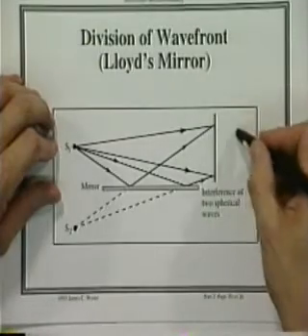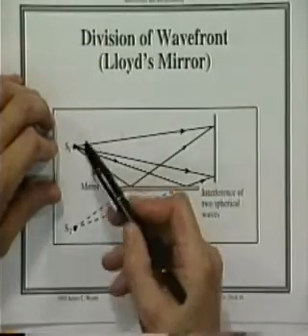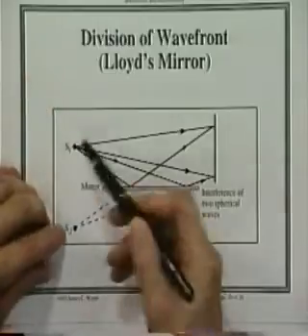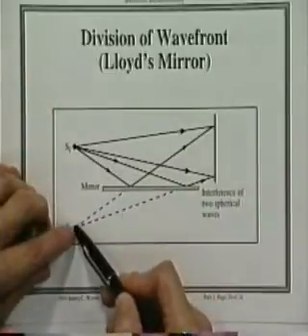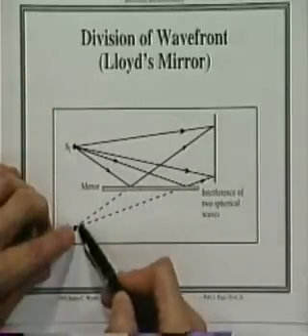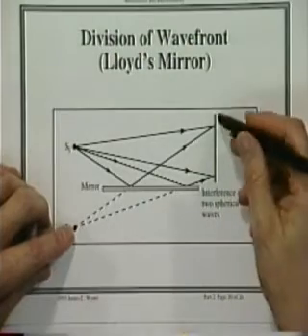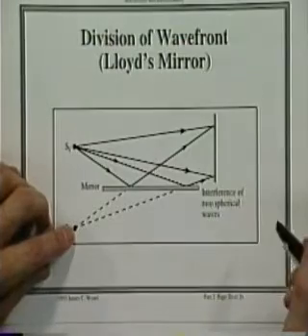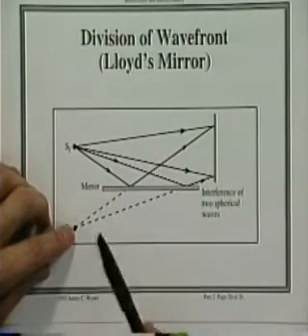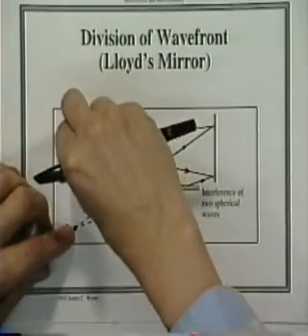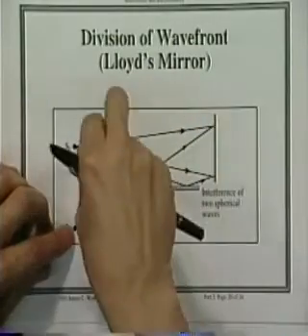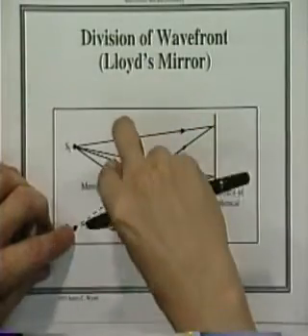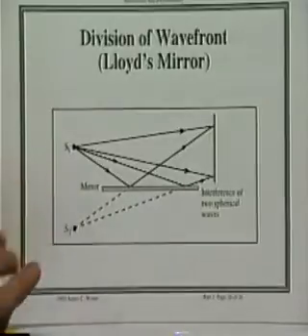If I were to put my eye here and look back, I see a point source there, and I see another point source down here, light that's reflected off the mirror. So it looks like I have interference of two spherical waves here. Again, this is division of wavefront. Part of the wavefront comes straight through here. Part of the wavefront comes down here and up here. Any questions why we call that division of wavefront?